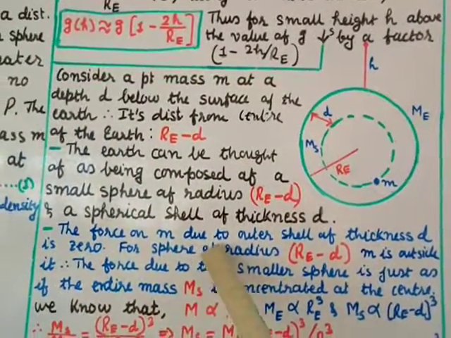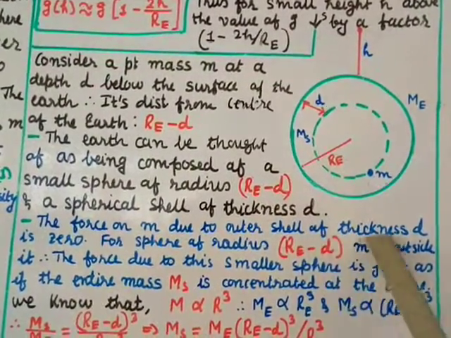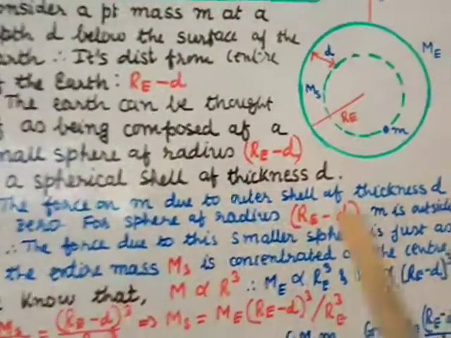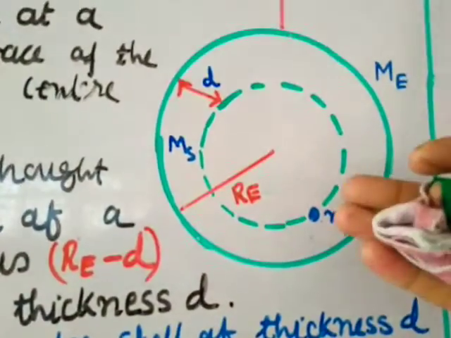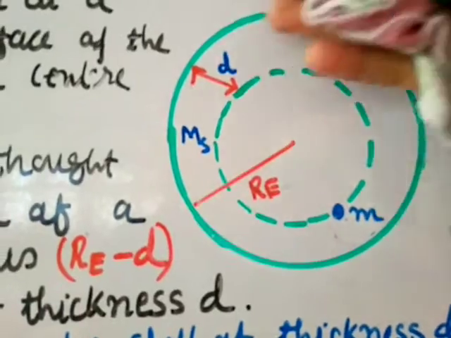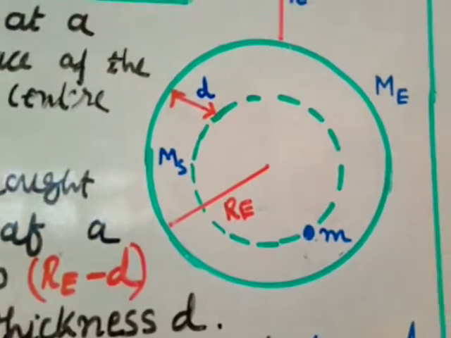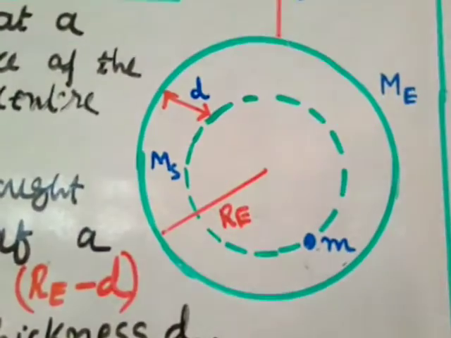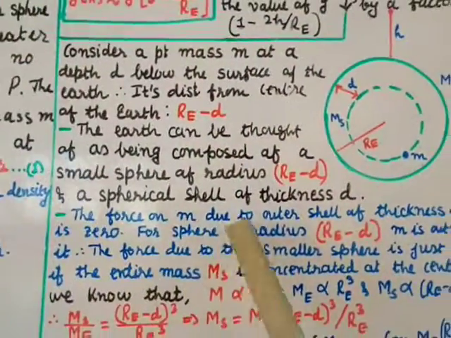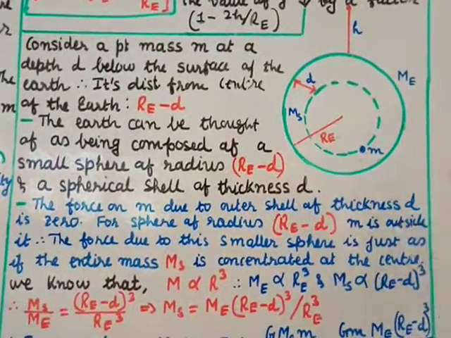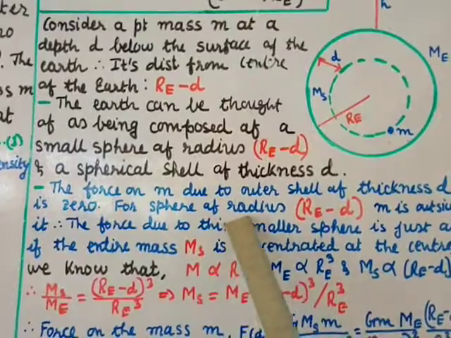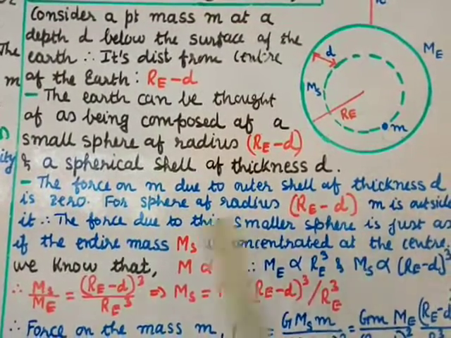The force on m due to the outer shell of thickness d is 0. This point mass m is inside the shell, so the force on it because of the outer shell will be 0. For the sphere of radius Re minus d, m is outside it.